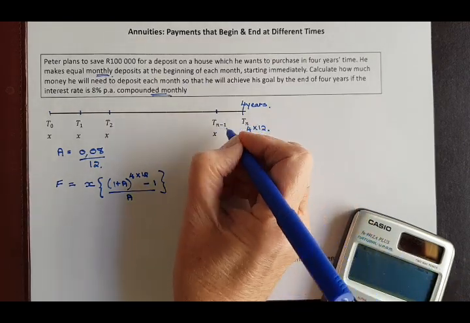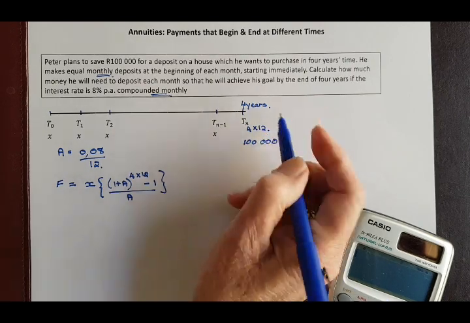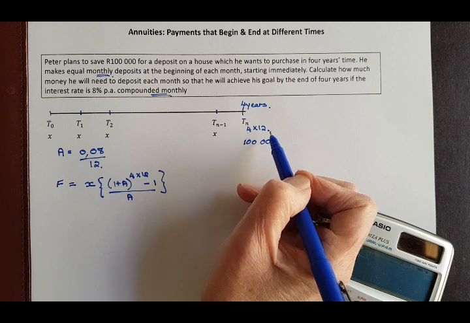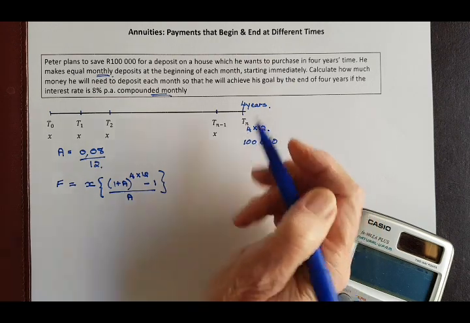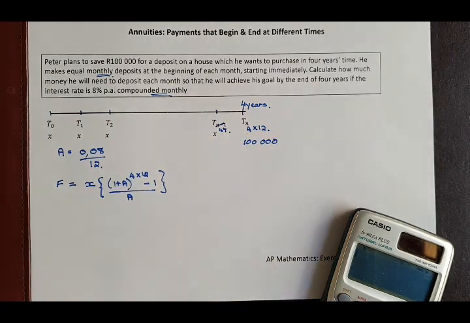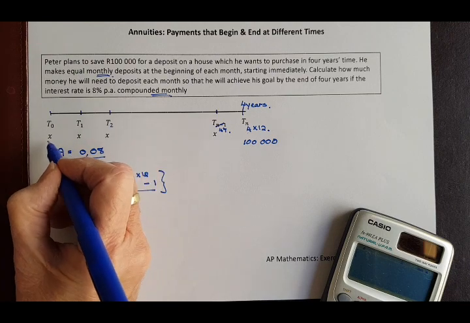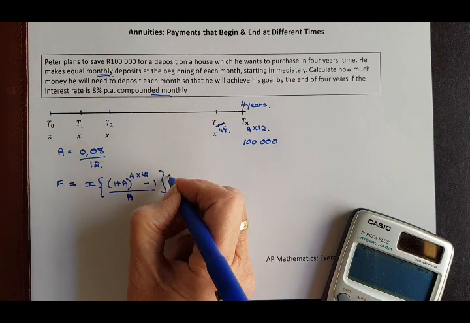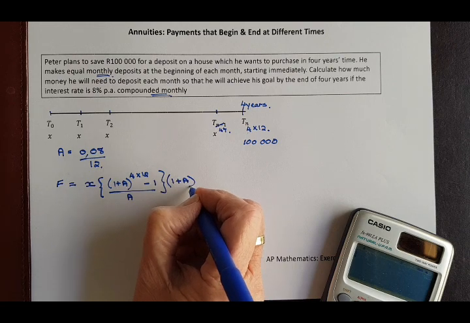So this second last payment at T48, that is the end of the 48th month. So the beginning of the 48th month would be the same as the end of the 47th month. So this amount of money is invested for 1 more month.